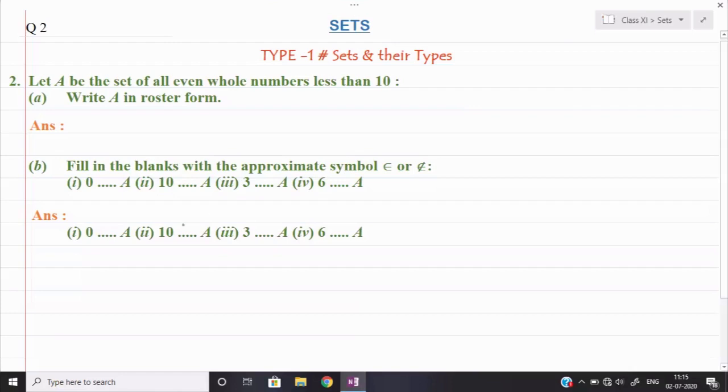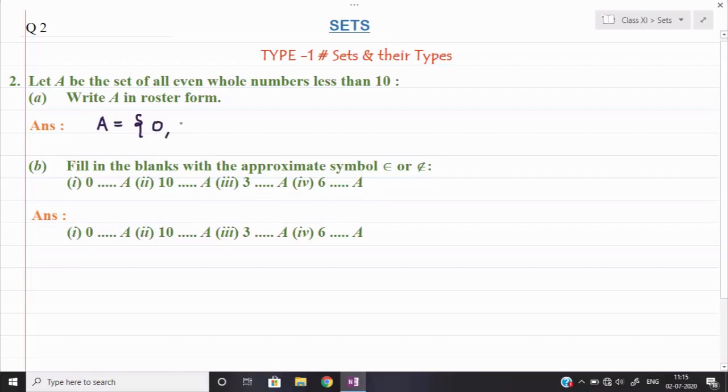Here, if I try to list out the elements of set A, what will the elements be? They are asking for the elements of set A in roster form, so I will list out all the elements. I will start with 0 and say yes, 0 is an even number.